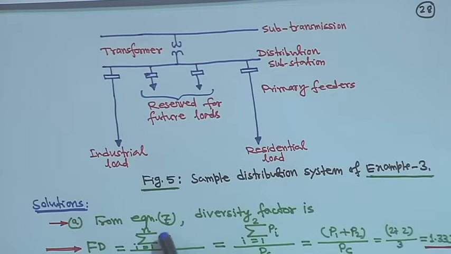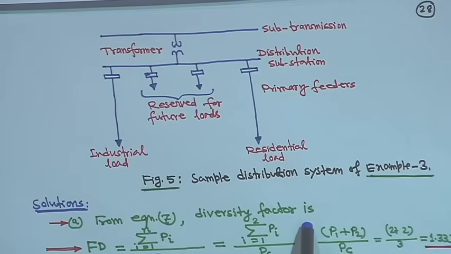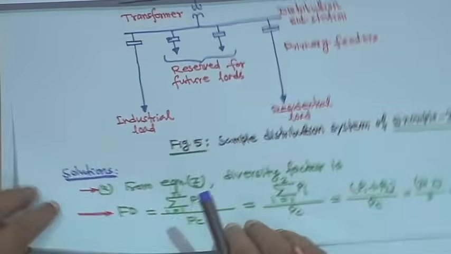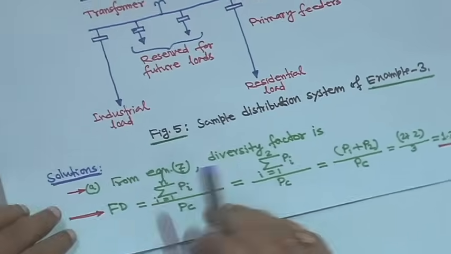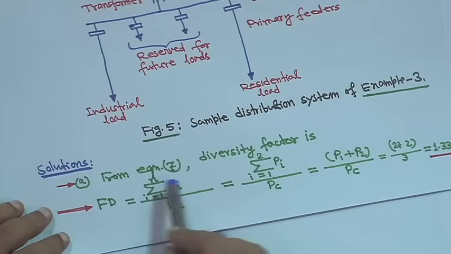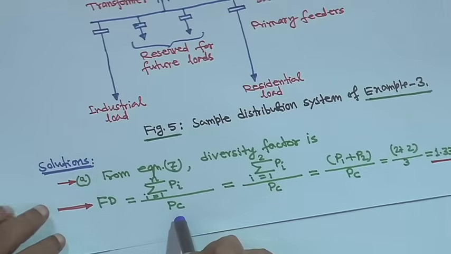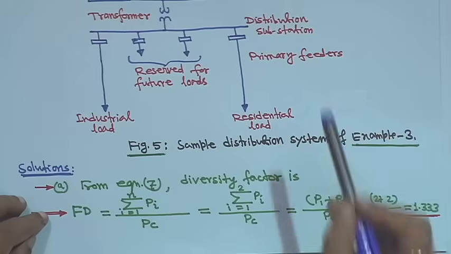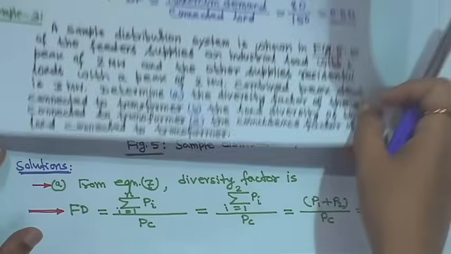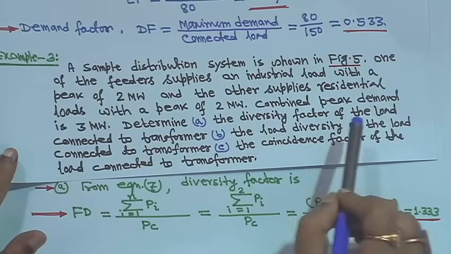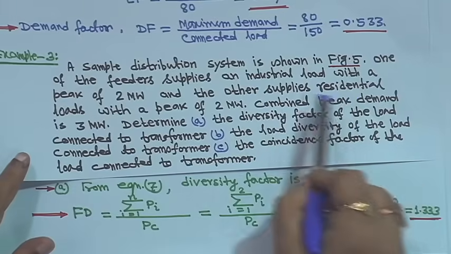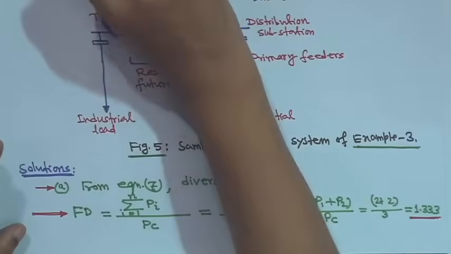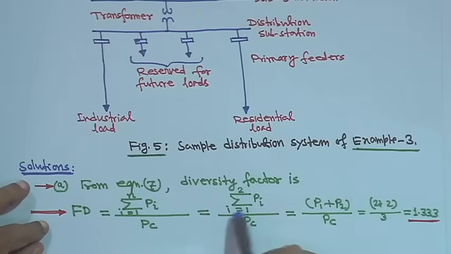Now, from equation 7, the diversity factor formula is FD equal to sigma i equal to 1 to n Pi upon Pc, but here you have two consumers. Here it is given one for industrial, another for residential. So, n is equal to 2. So, i equal to 1 to 2 Pi by Pc, that is P1 plus P2 upon Pc.